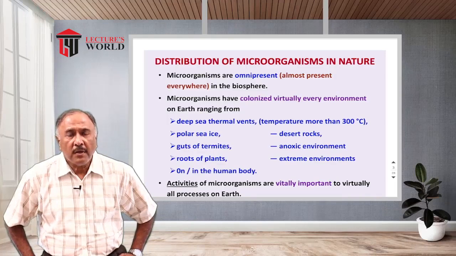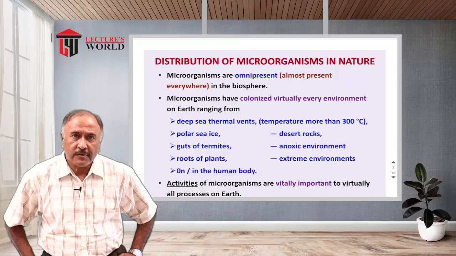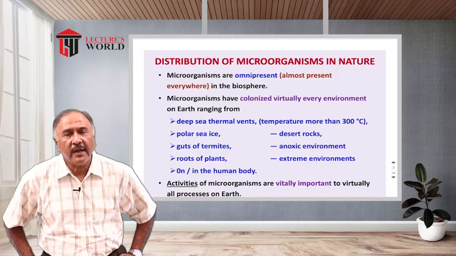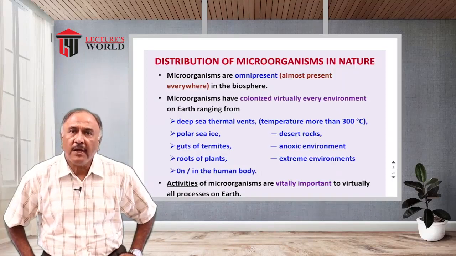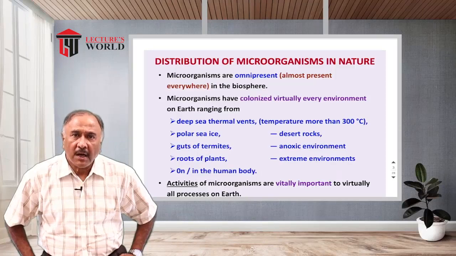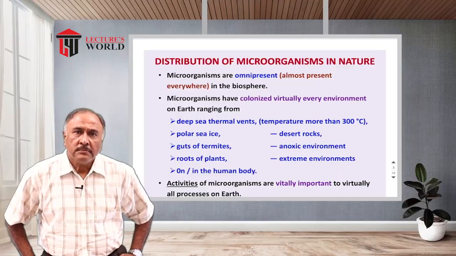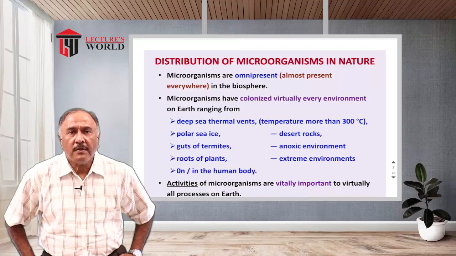And hence organisms are found even in extreme conditions of temperature, that is at a high temperature and at an extreme low temperature, extreme conditions of pH, highly acidic or highly basic or alkaline environments. They are found in dry conditions.